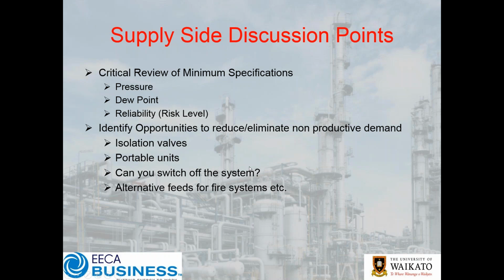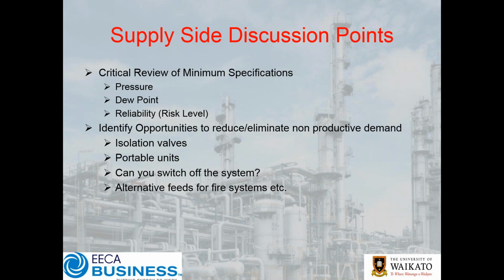Now bear in mind, of course, all of this is prefaced on us looking at and addressing the demand side first. So as we mentioned earlier, critical review of minimum specifications. What's your pressure requirements? What's your dew point? Are we over drying air beyond what we need to?